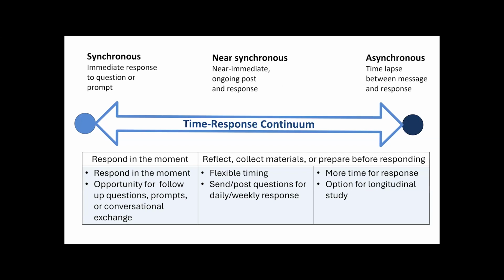I want that natural kind of exchange that we have when we have a conversation with someone. I want to see their facial expressions and their process for working through that question. But maybe I want them to think about my questions before they respond. So then I might choose either a near synchronous or an asynchronous option.